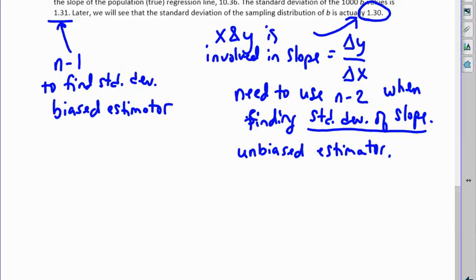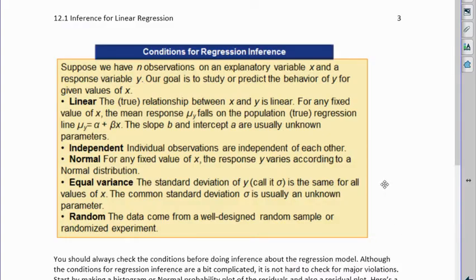But before we do that, what are our conditions for regression inference?